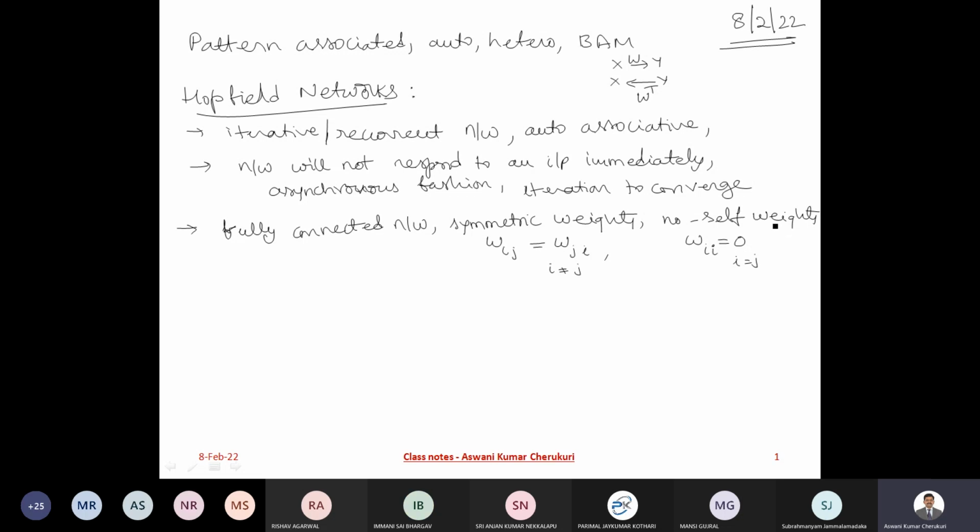Now let us have a look at the network architecture, how it looks.